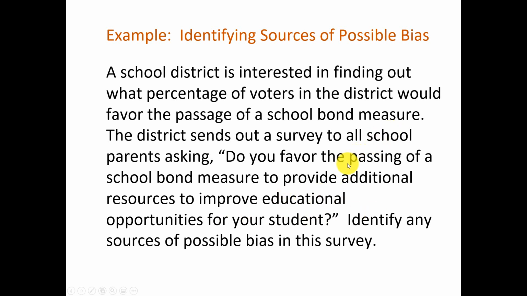Because what if the parent thinks, I think whatever education is fine already, but then they read this and think, wow, is there really more room for educational improvement for my son or daughter? That's a potential wording measurement bias.